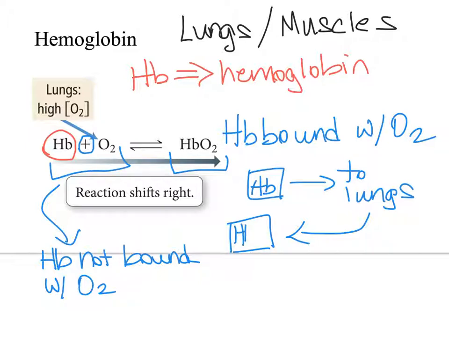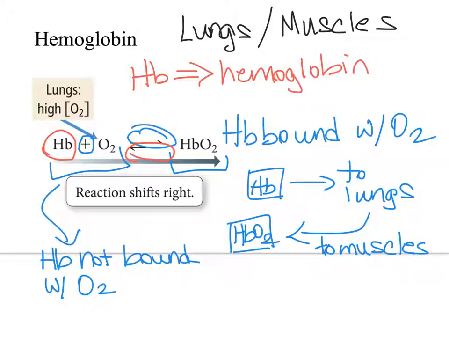In that case, it'd be HbO2. So you want both forms to be available in the body, and you want the reaction to be able to go in both directions. Both binding oxygen going in the forward direction, and then the reverse, delivering the oxygen to places that need it.